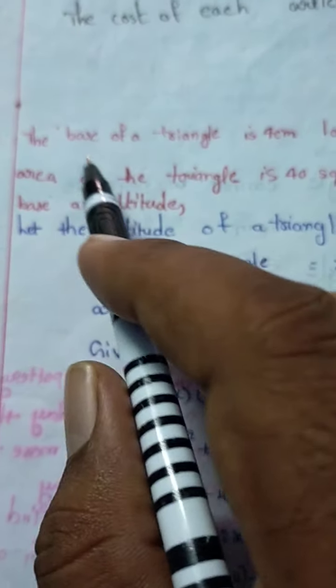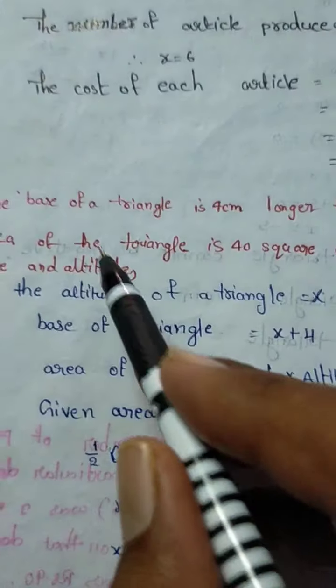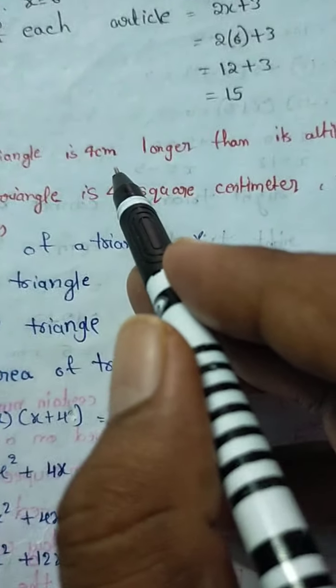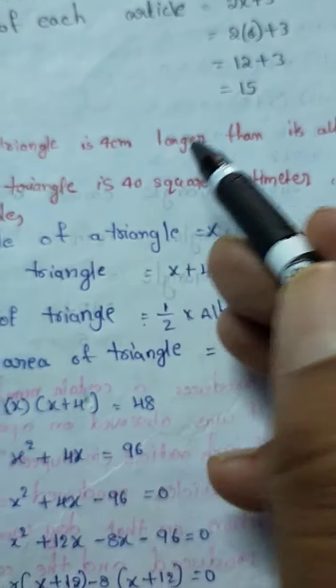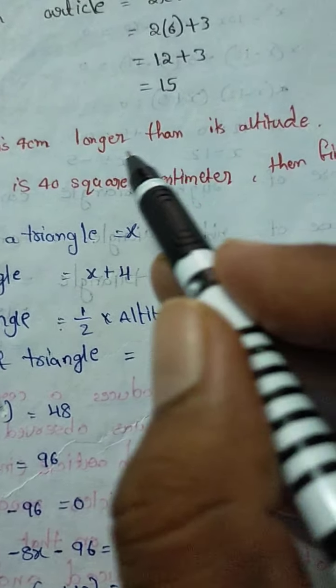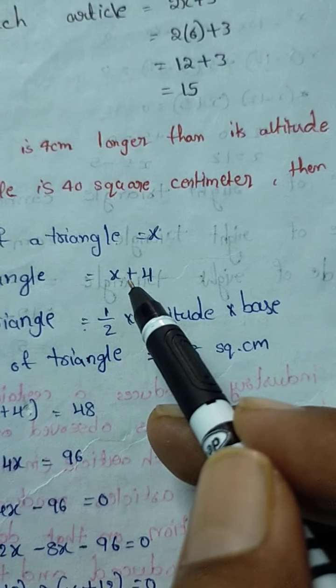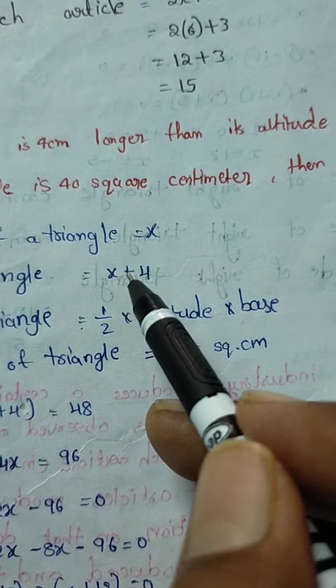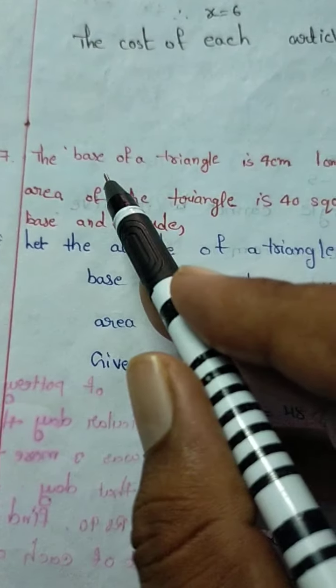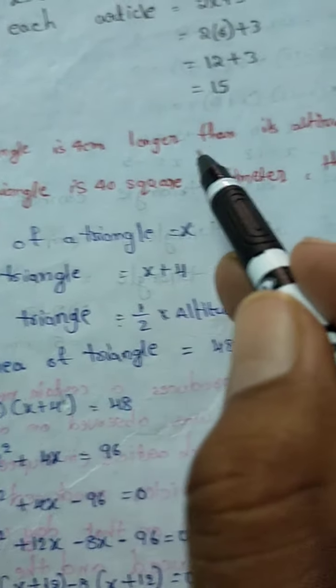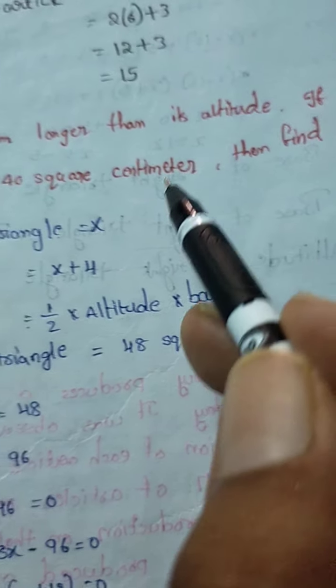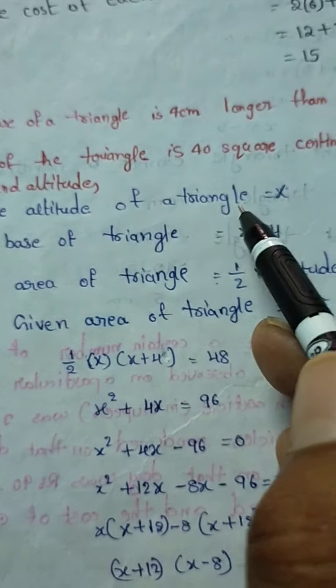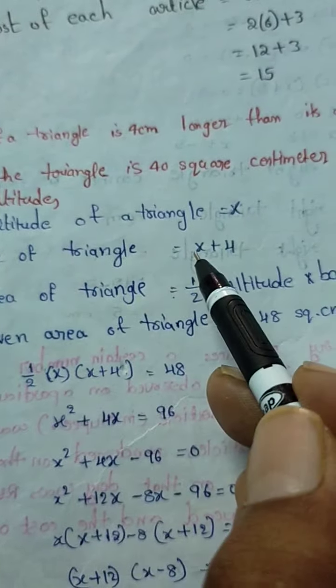Next, the base of a triangle is 4 centimeters longer than its altitude. Longer than means plus, smaller than means minus. So altitude x, base x plus 4.